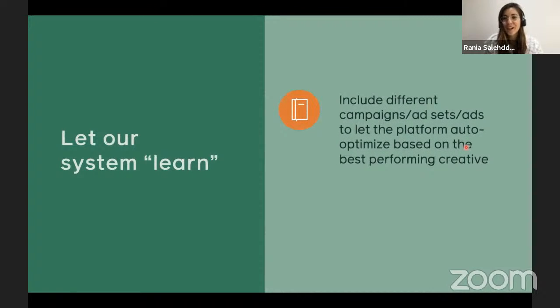Let our system learn. You have different options to test and learn. One of our recommendations is not to run the same ad and the same creative, but to have different ad sets and optimize based on the performance.